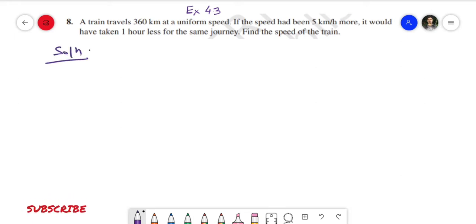Solution. Okay, now before I do, if I suppose I don't know anything, then I will think how to do this one.